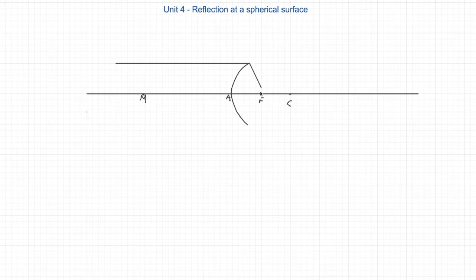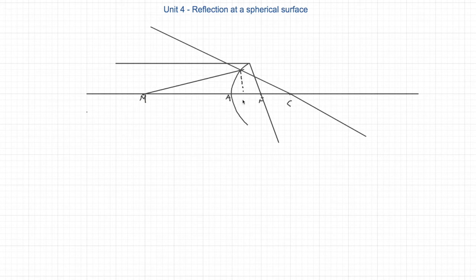We'll send in our parallel ray, which will go through the focal point. We'll also construct our normal that goes through the center. And we'll send a ray from M to the normal. And we'll say the image is formed at M prime, which is the extension back of the reflected ray. Again, that would be a virtual image.